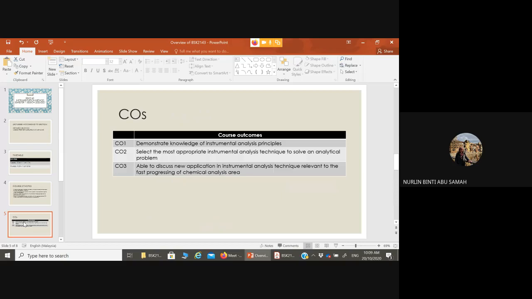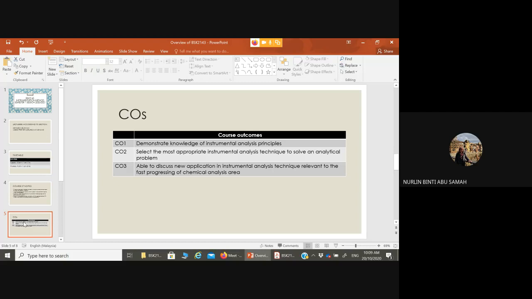Next, course outcome number 2: select the most appropriate instrumental analysis technique to solve an analytical problem. This is what I meant just now, that you need to choose the right instrument for the right problem. If you want to solve any kind of problem, you need to know the best method.